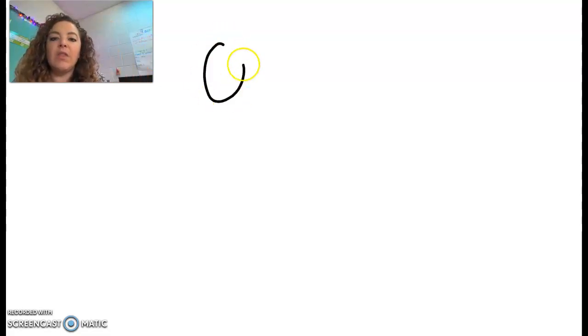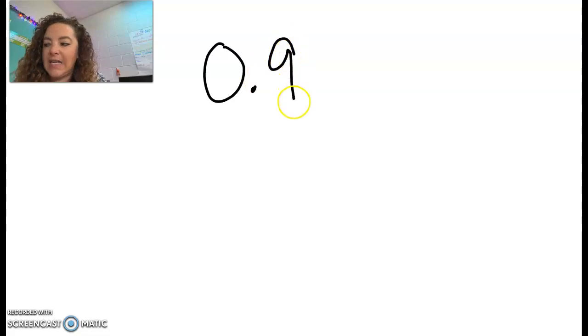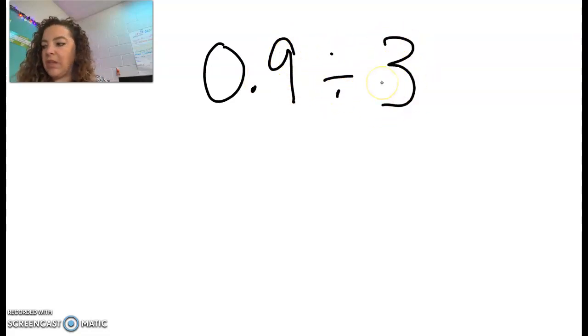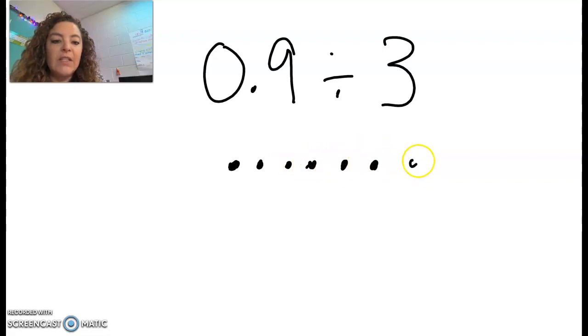So we're going to start with this problem right here. It's 9/10 divided by 3. And I hope the thing that you're noticing right off the bat is, wait a minute, I'm dividing a small number, like a part of a number, 9/10, by a whole number, 3. But it's really okay, because what I can do with 9 is 1, 2, 3, 4, 5, 6, 7, 8, 9, right?